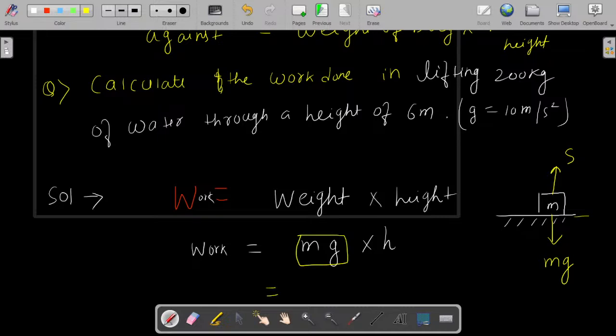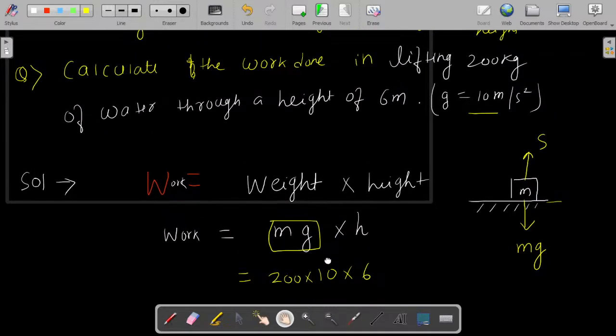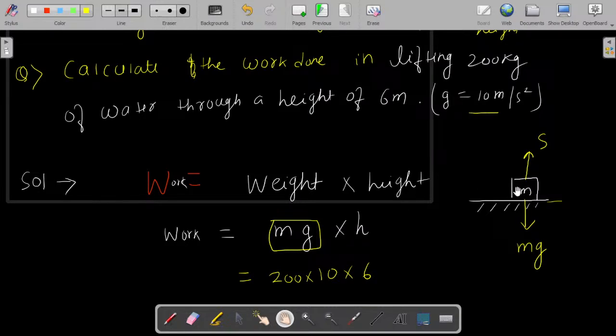Here m is given. How much is m? 200. g is also given, it's 10. So right here, 10 times the height of 6. Here it is asked: calculate the work done in lifting 200 kg of water. So suppose this is 200 kg of water. We are lifting it against gravity.